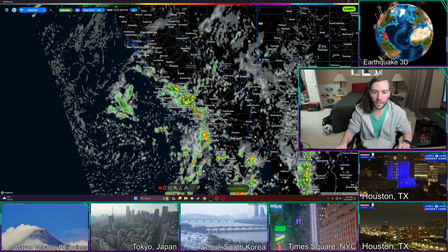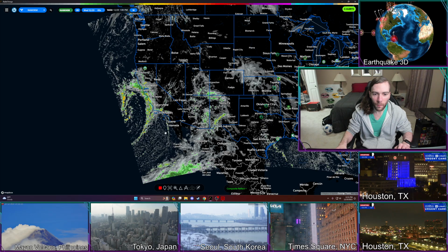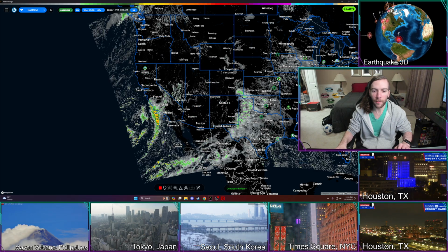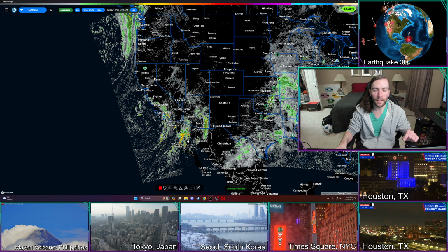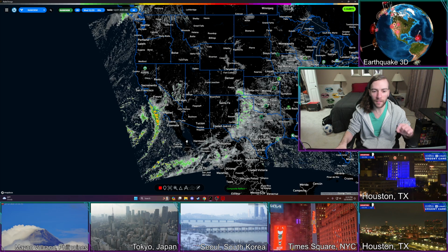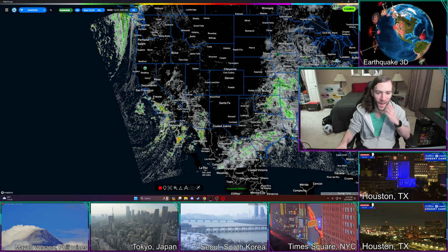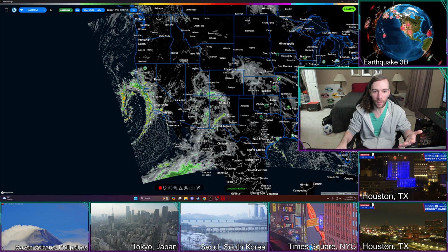And you can really see a lot of the times, when I'm looking at it, the High-Resolution Rapid Refresh on the composite reflectivity looks more intense. And then you'll look at the NAM 3K, and because it's finer, you see, oh, actually there's not going to be maybe that level of coverage.